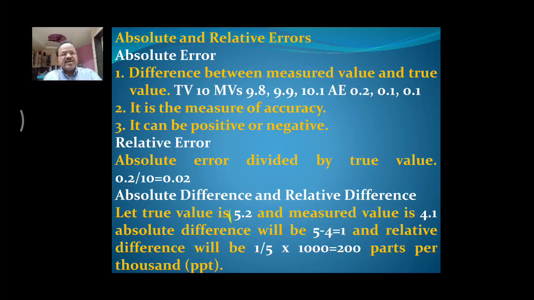Or if we consider the true value as 5 and the measured value as 4, then the calculations will be simpler. 5 minus 4 comes to be 1, and this 1 divided by the true value 5 into 1000 comes to be 200 parts per thousand. In short, it is called PPT.